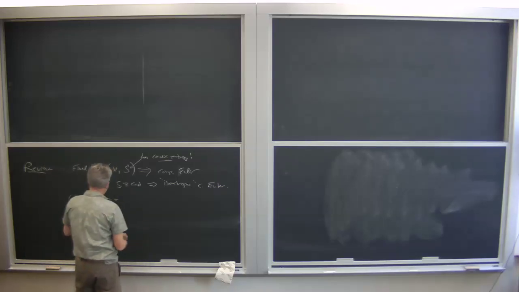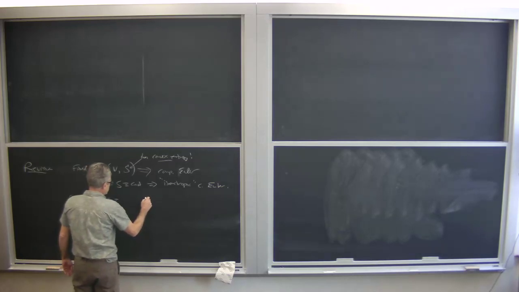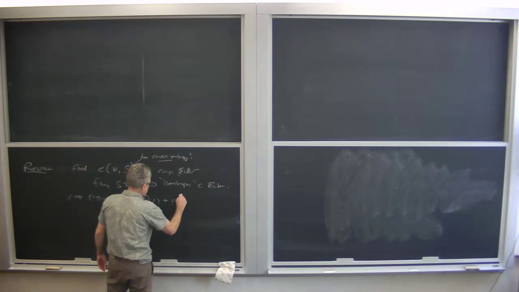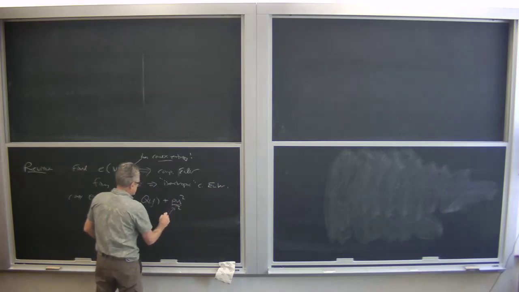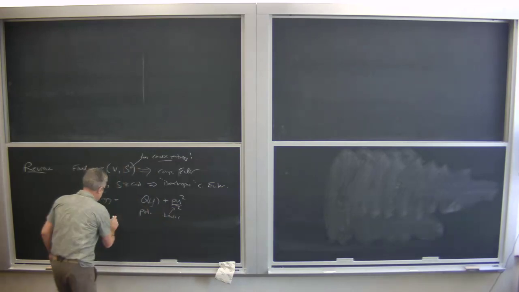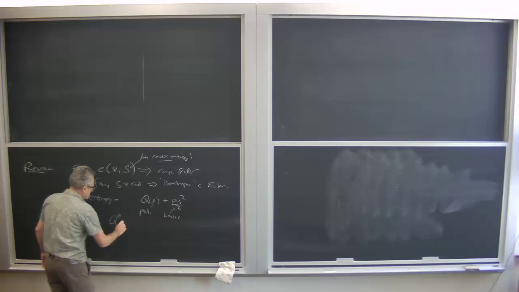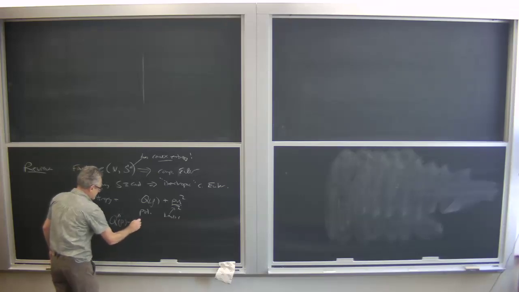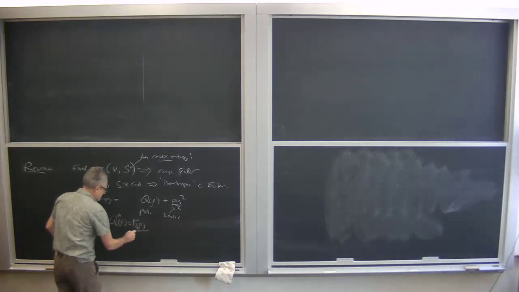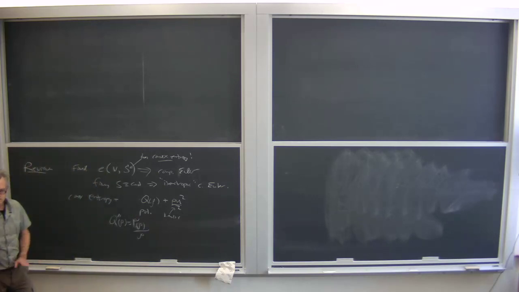I'll call it Q of rho, plus rho u squared, so it's a kinetic and potential energy. Here, Q prime of rho is equal to P prime of rho over rho.